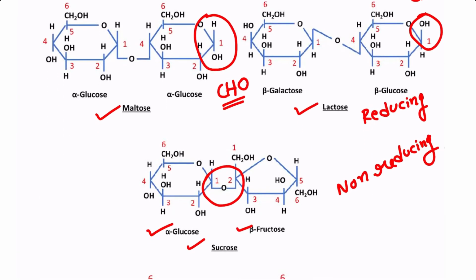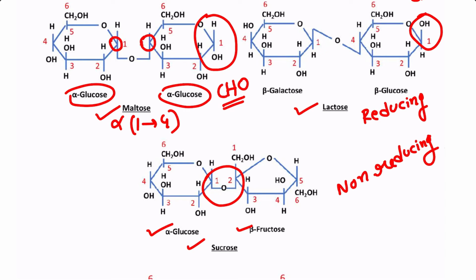Maltose is composed of 2 alpha glucose units held together by an alpha 1,4 glycosidic bond, because in this disaccharide, C1 of this alpha glucose and C4 of this alpha glucose are involved in the linking process.